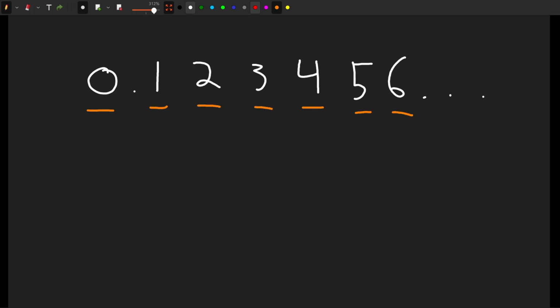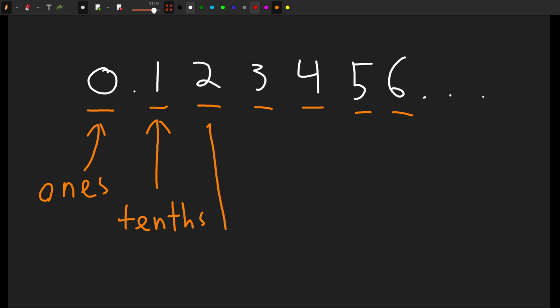Each of these: the 0, since it's in front of the decimal, represents the ones place. Then the 1 represents tenths. The 2 represents hundredths.